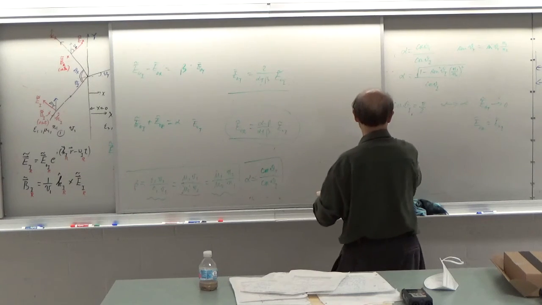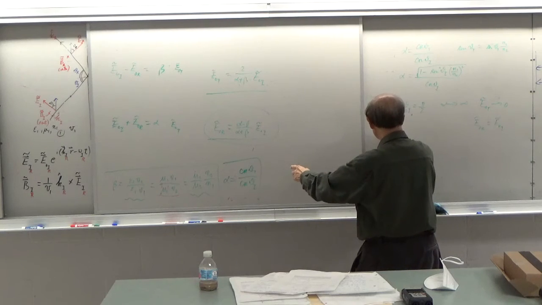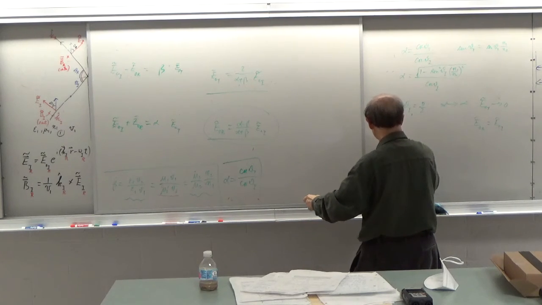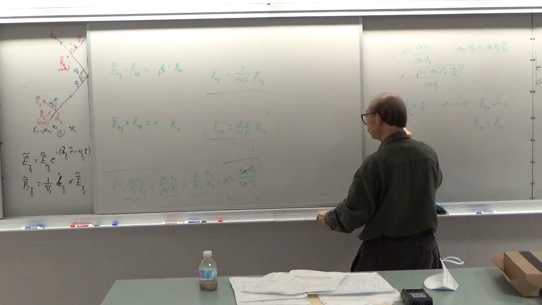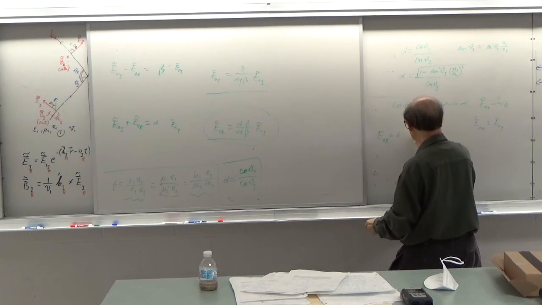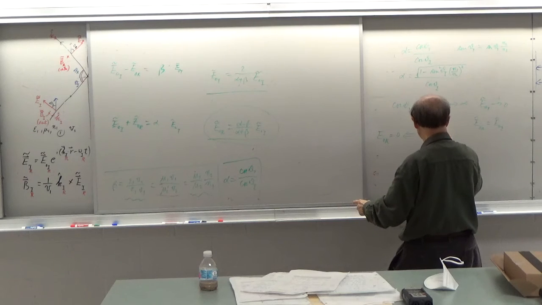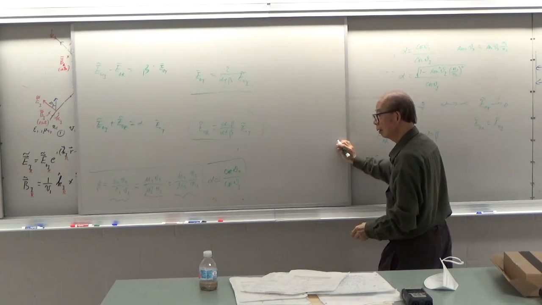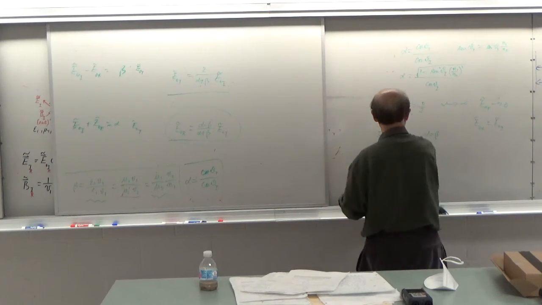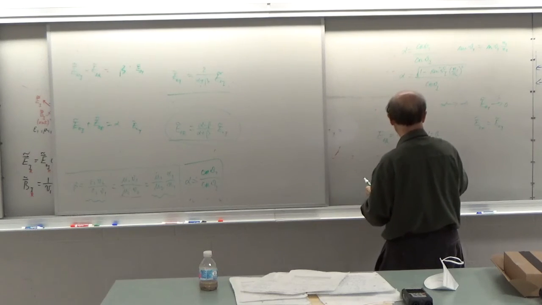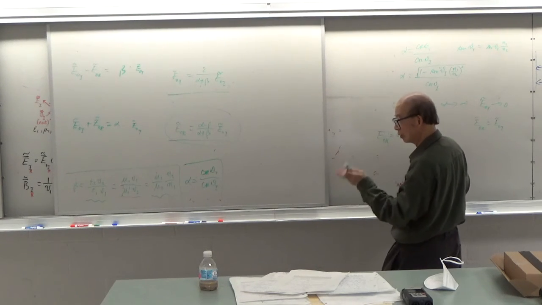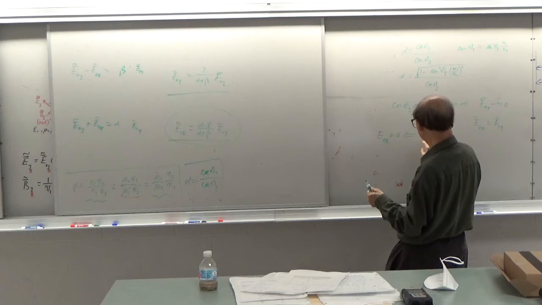So it is 0 when alpha is equal to beta. Now let's see at what angle of incidence we would realize this equality, alpha equals beta.